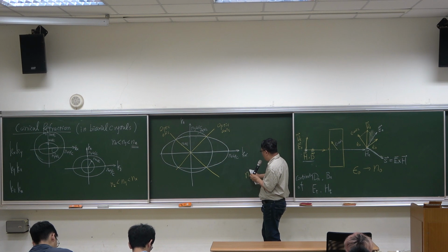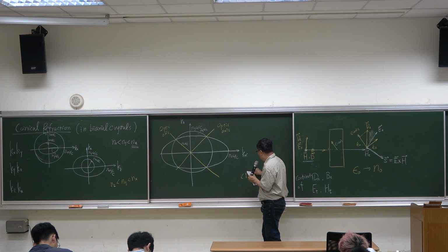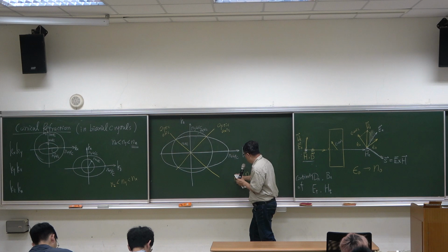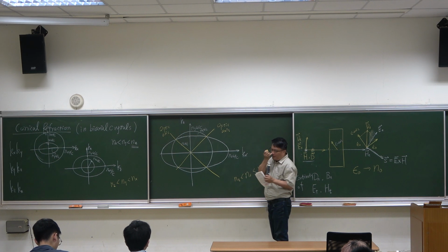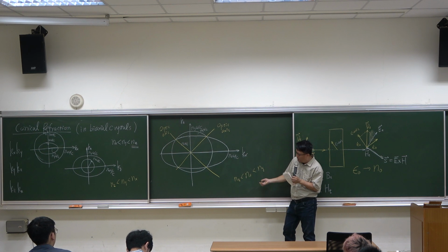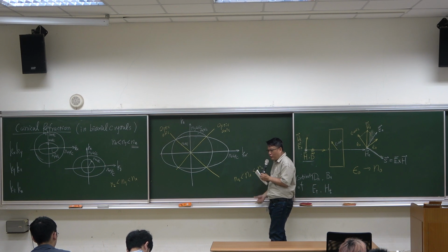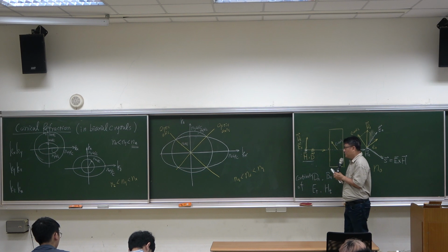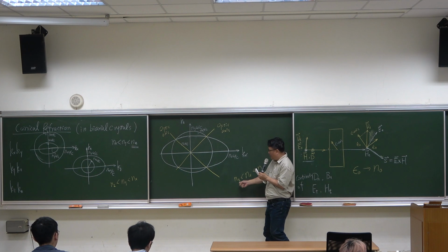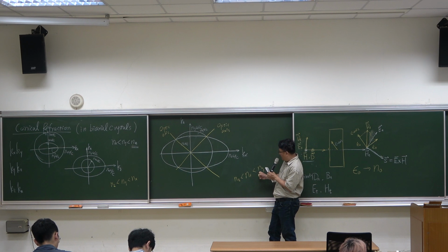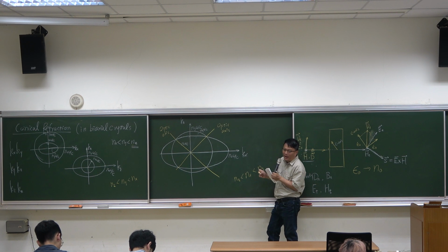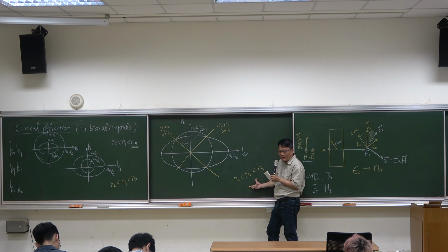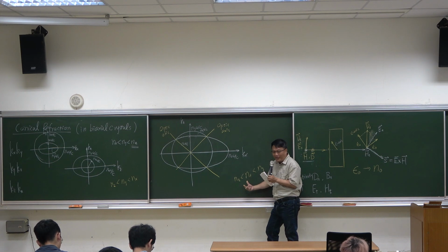If I change the order of these three reference indices to be nz smaller than nx smaller than ny, then the optic axis must be lying on the ky, kz plane.